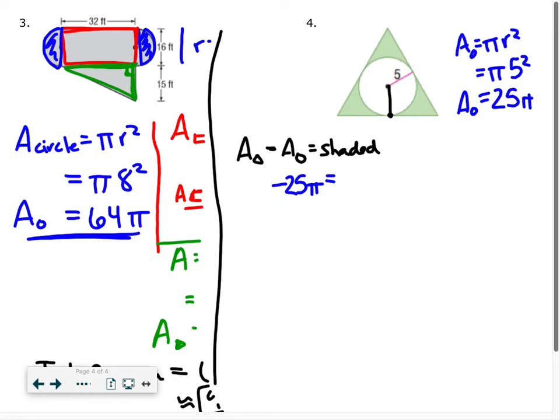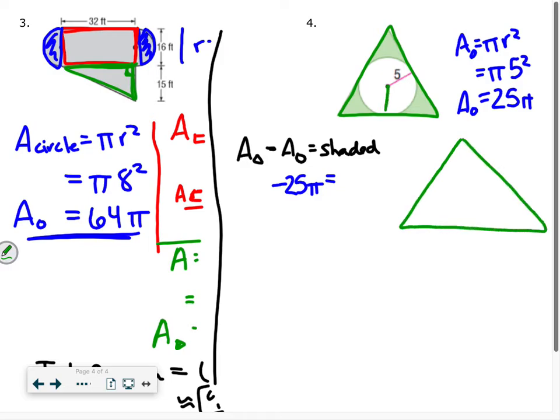Now, how are we going to find the area of this entire equilateral triangle? So you could draw it out on the side. Here's our entire triangle. I'm going to move that 5 and draw it here. Why am I going to do that?